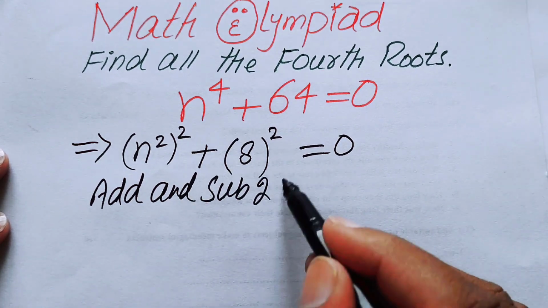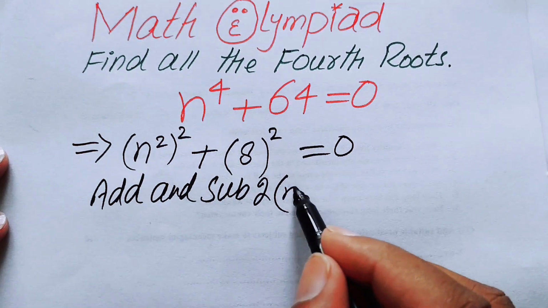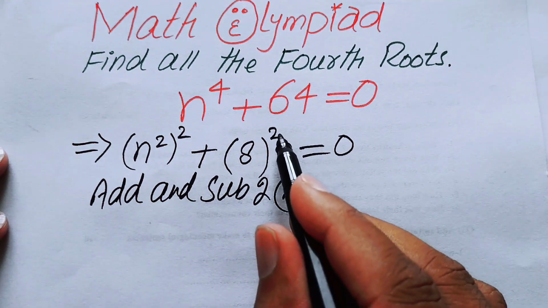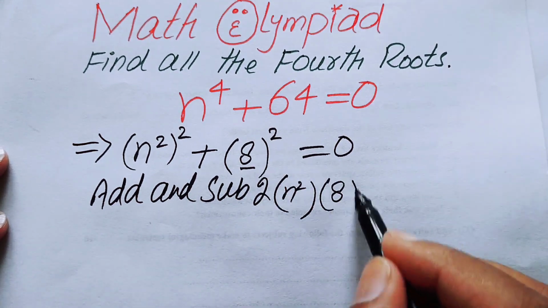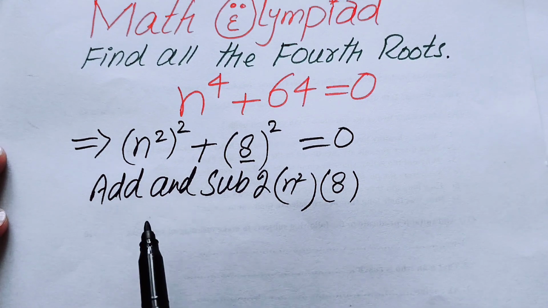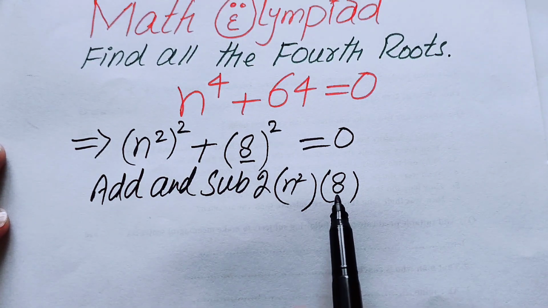2 times the value under this square, which is n squared, and the value under this square, which is 8. So I can add and subtract 2 times n squared into 8.